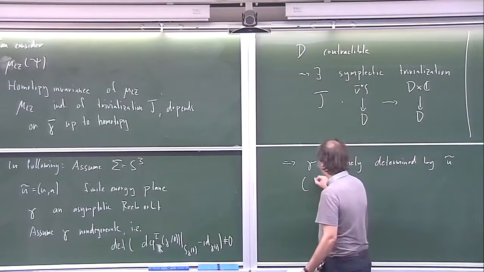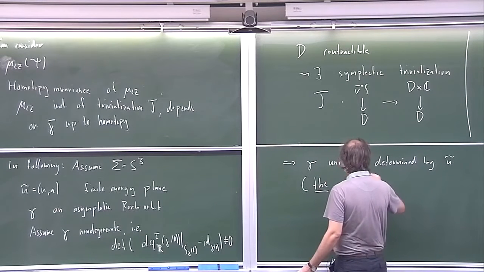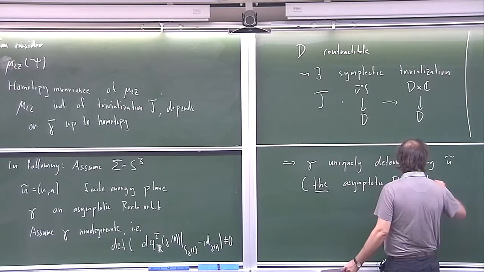So we have now the asymptotic Reeb orbit.